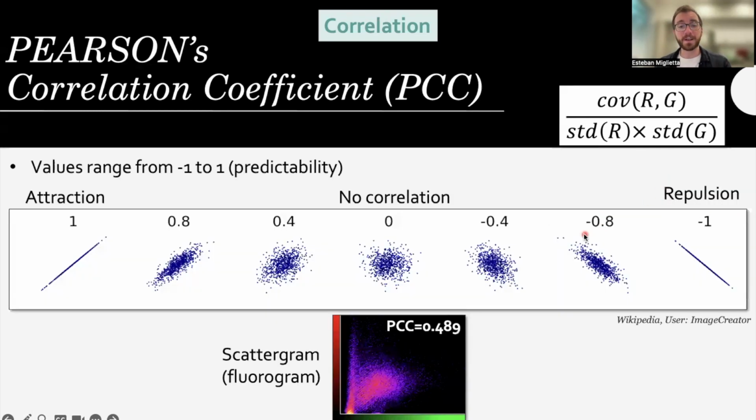Basically, this means that this coefficient will be higher the more correlated the pixel intensities are.